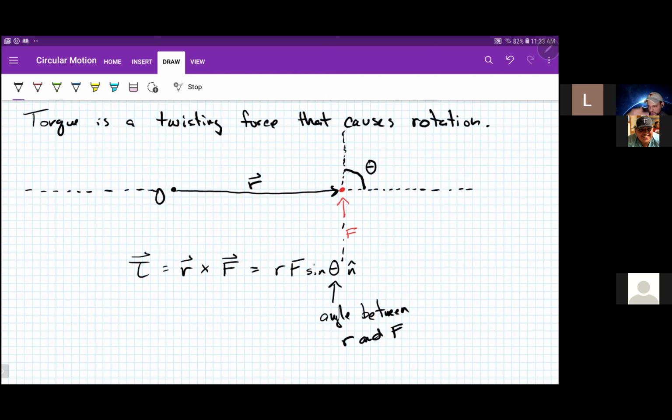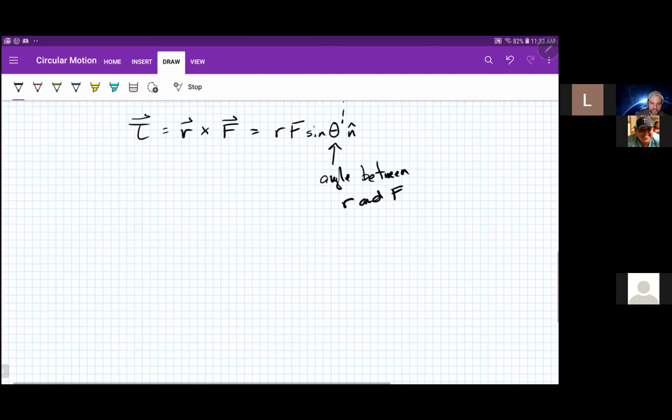So we call that the line of action. I'm going to extend the line of action for the position out to the right, and the line of action for my force upwards. The angle that those two make here, that's the theta that I care about.